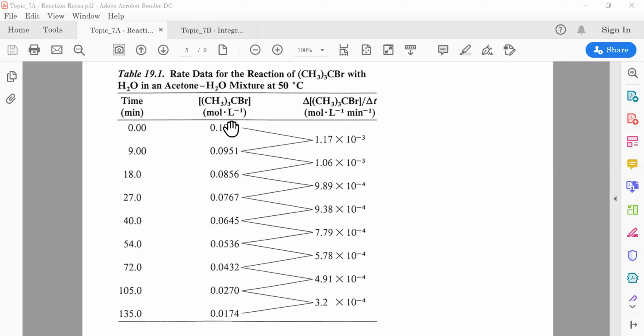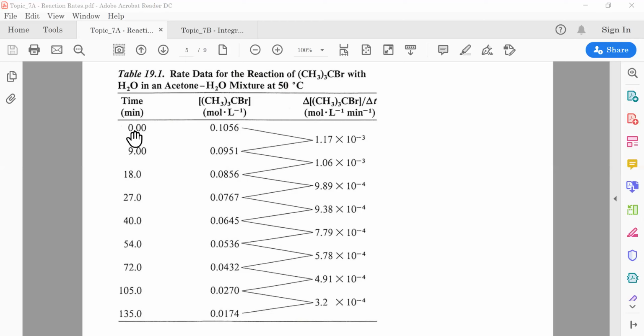Again, if you take these two concentrations, the difference between them, and divide it by the 9-minute interval, you'll see that the change in t-butyl bromide concentration per unit time is 1.17 times 10 to the minus 3 moles per liter per minute in this case.